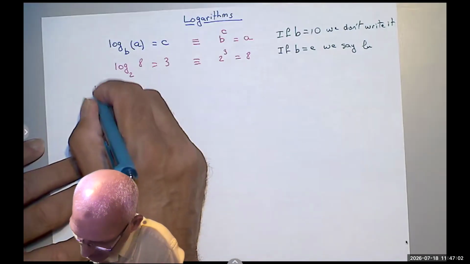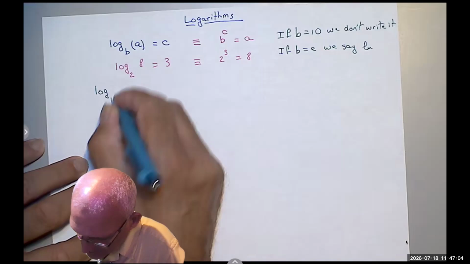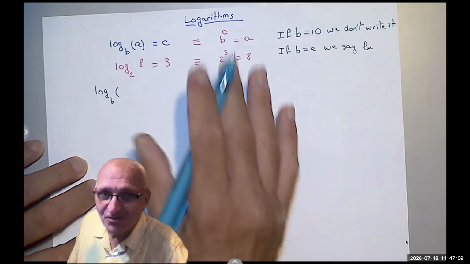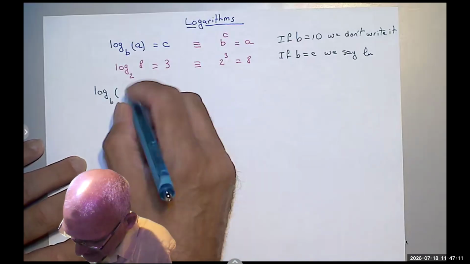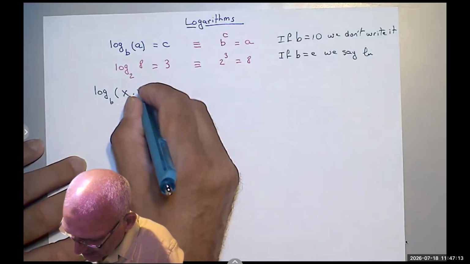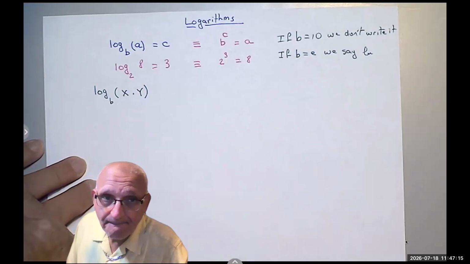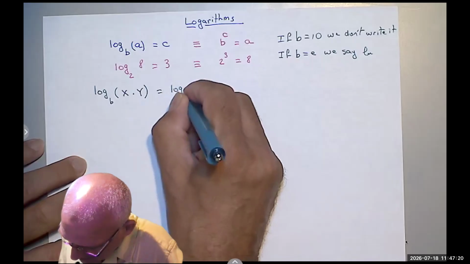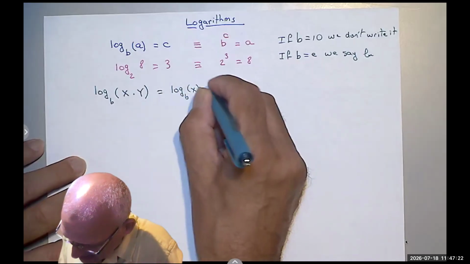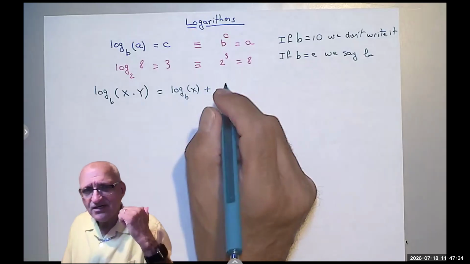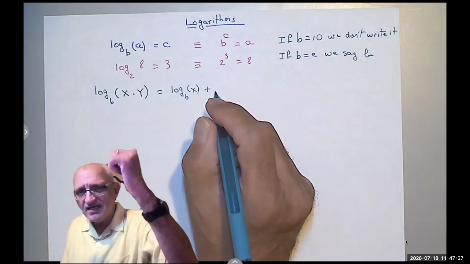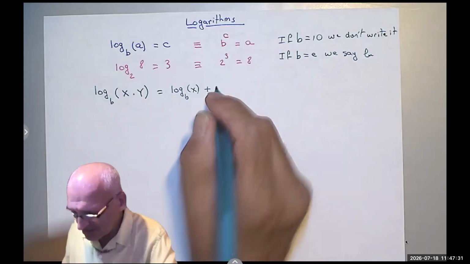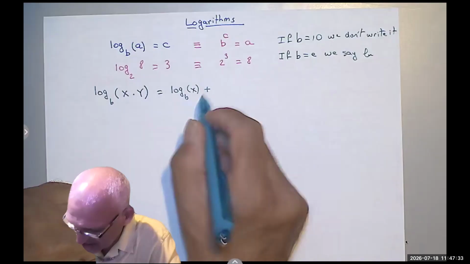So if I say log to the base b of x times y, it turns out that this equals log to the base b of x plus... remember there we had x to the a times x to the b equals x to the a plus b. So it simplifies the multiplication into addition.